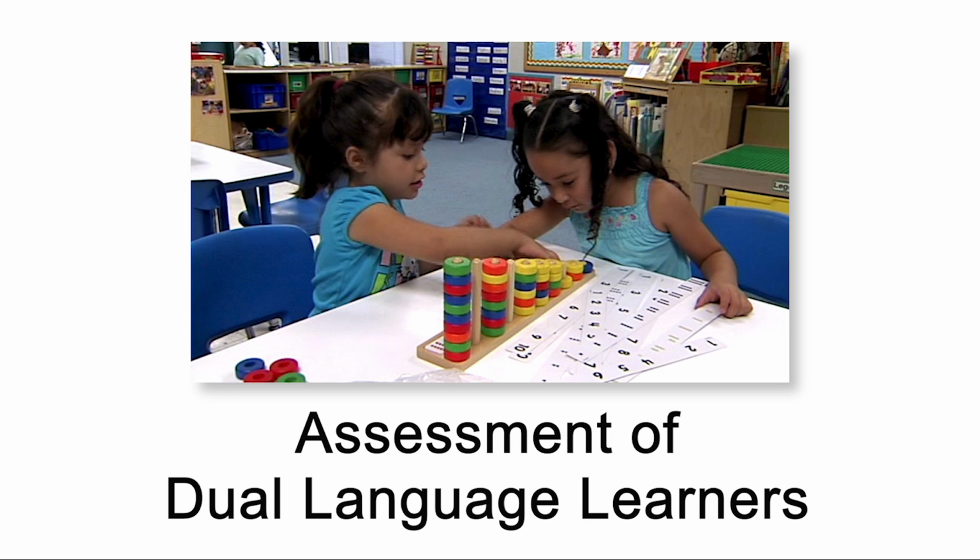A photo of two preschool-age children in an early child care setting playing together at a table with printed sheets of numbers and stacks of colored plastic rings. A graphic title below the photo reads, Assessment of Dual Language Learners.